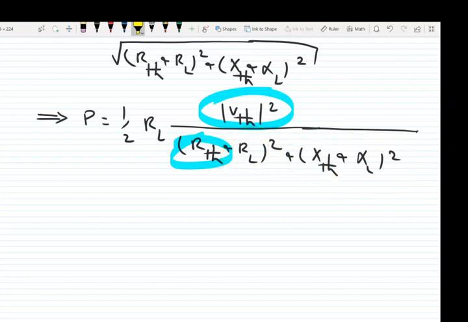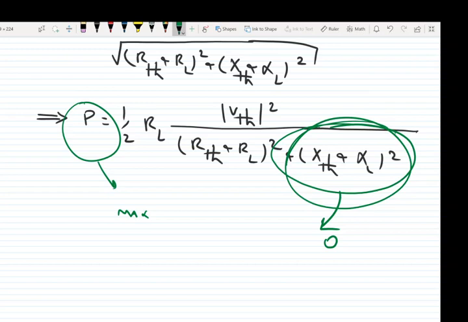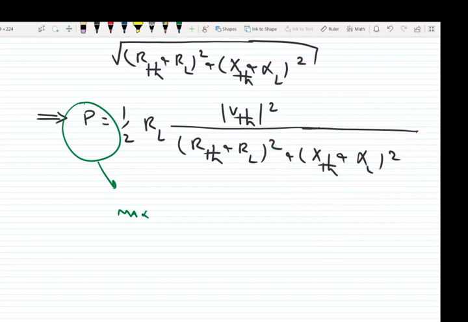If we keep this part of the denominator equal to 0, of course the power will be maximized. So we try to keep X Thevenin plus XL squared equal to 0, because it is definitely a positive number and we want to keep it as minimum as possible. The minimum possible value for a positive number, of course, is 0.